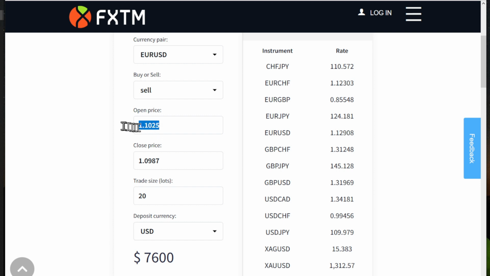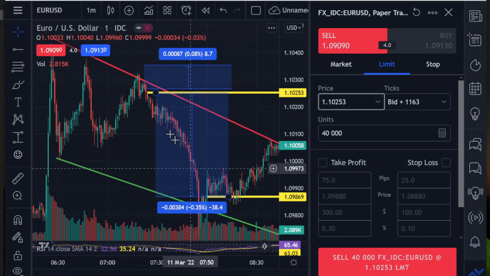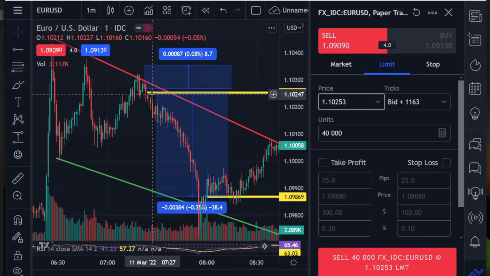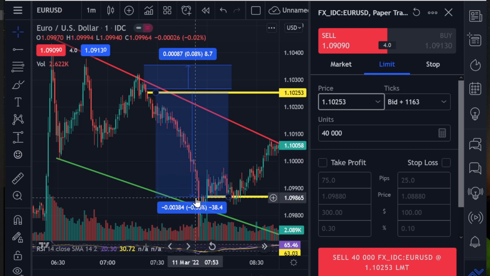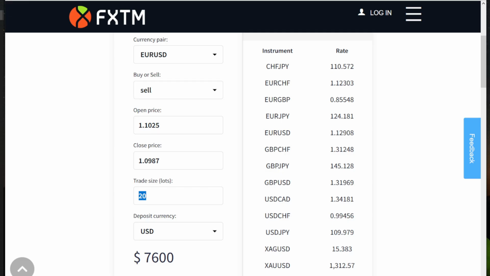These are the opening, closing prices, and trade size in lots. If this thing does what we want, if we put a sell order here and we go down here, that's only 38 pips movement. We can stand to make $7,600.